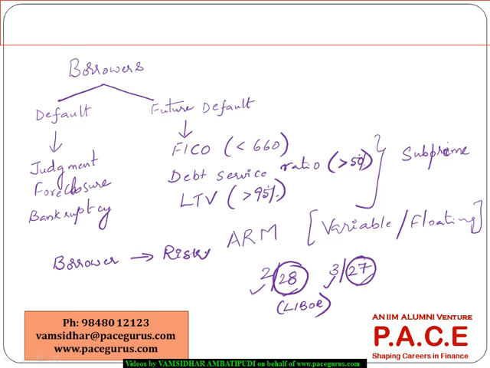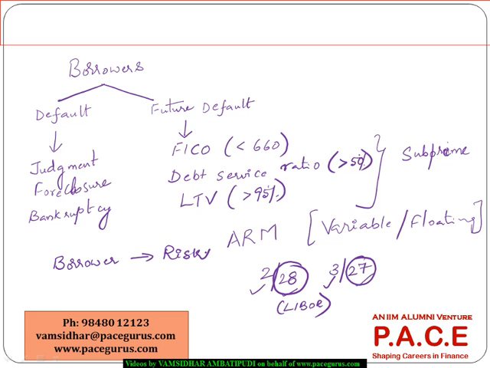Characteristics like the FICO score, debt service ratio, or loan to value ratio are not that favorable or attractive, and that is why that loan gets categorized as a subprime loan.